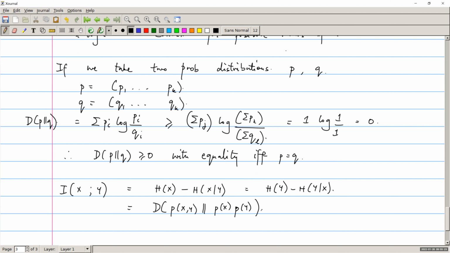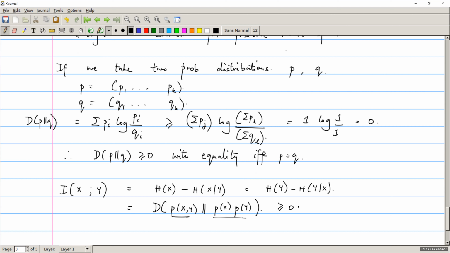But this mutual information is a KL divergence. What these distributions are is irrelevant. It's the KL divergence between two distributions, and we know that the KL divergence is always non-negative. From what we just saw, since the KL divergence is non-negative, the mutual information also has to be non-negative.